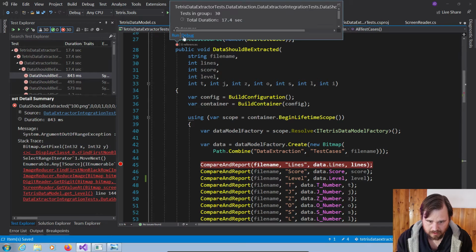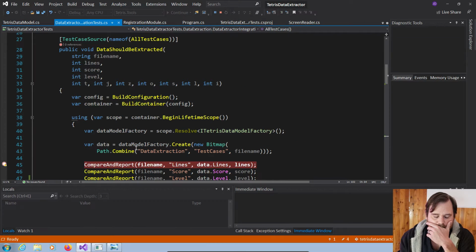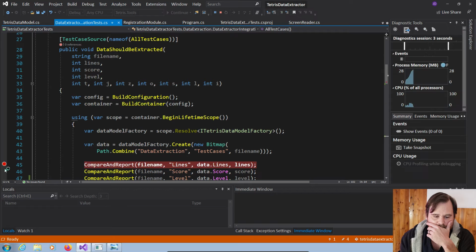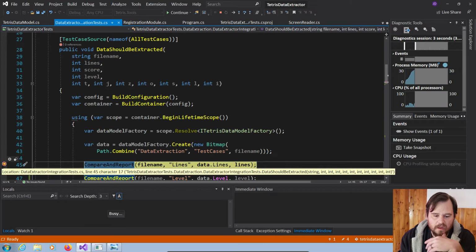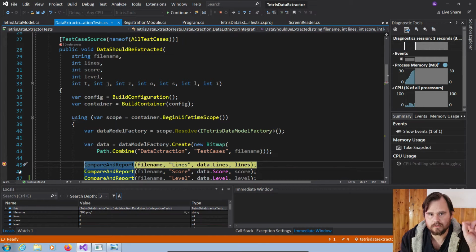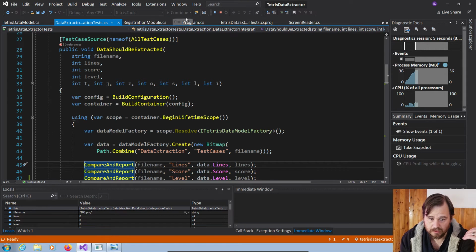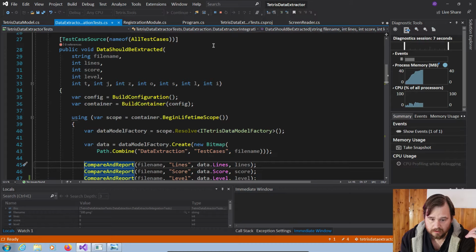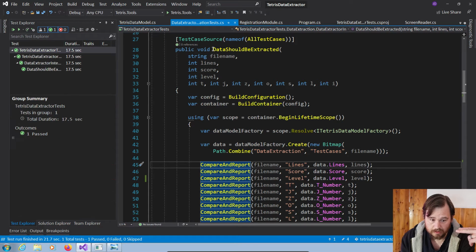Okay, we'll debug this. We put a breakpoint where it's supposed to calculate the score, but it hasn't hit the breakpoint yet. So let's continue, because it's supposed to be lazy loaded.